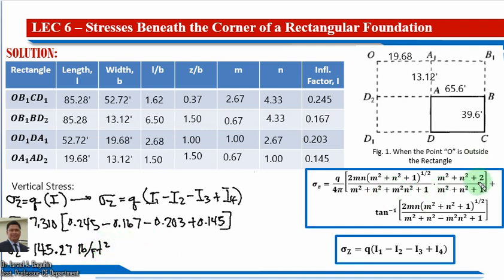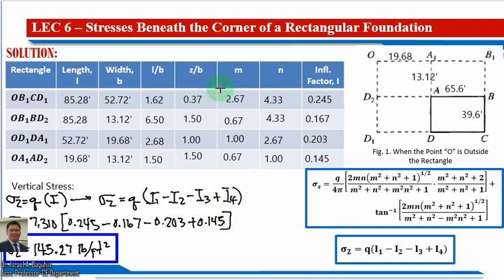Okay, so this would be our vertical stress for the said problem, which is 145.27 pound per square feet. So this would be it for this problem.